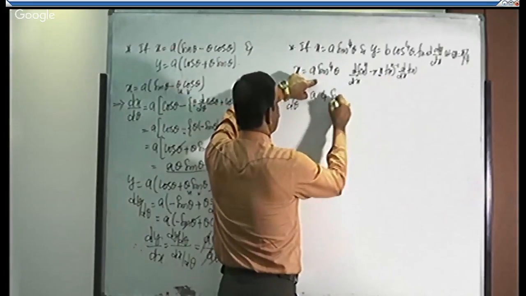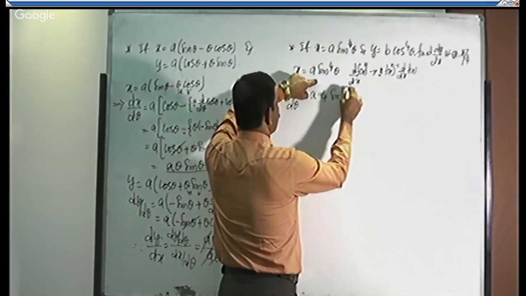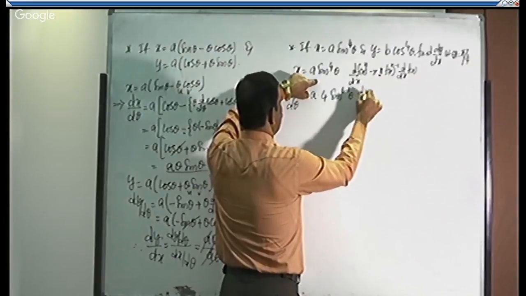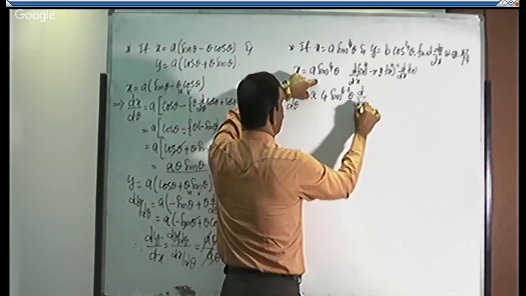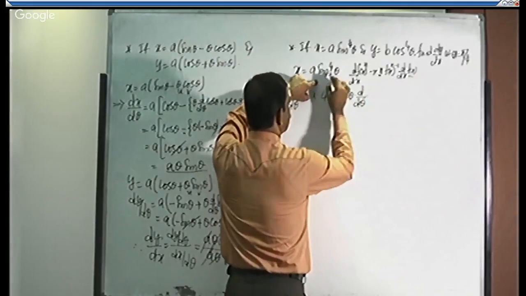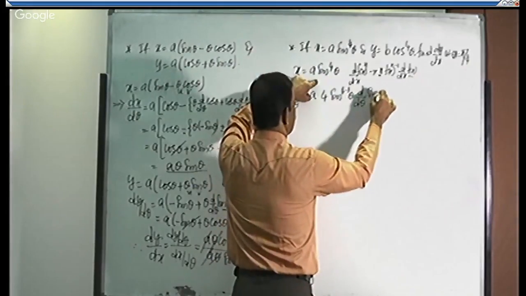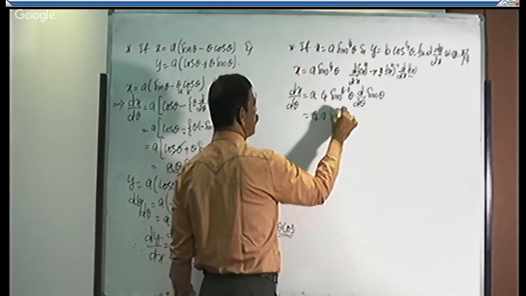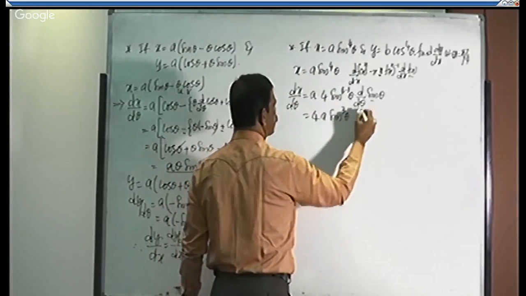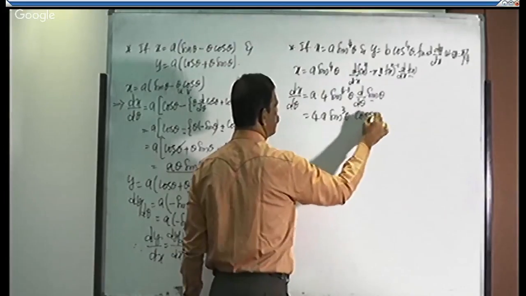What is the function? sin theta. 4 minus 1 into d by d theta of what? Function. What is the function? Only sin theta. That is 4a into sin to the power of 3 theta. Differentiation of sin theta is cos theta.